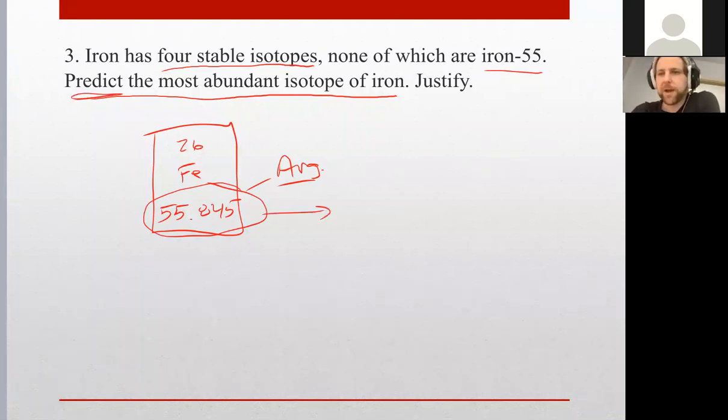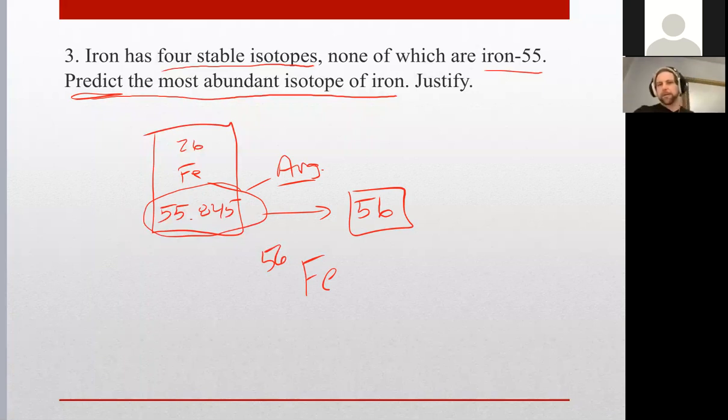So if we round that up to 56, we can say that iron 56 is most likely the most abundant isotope that occurs in nature because it's the closest one to this average value.